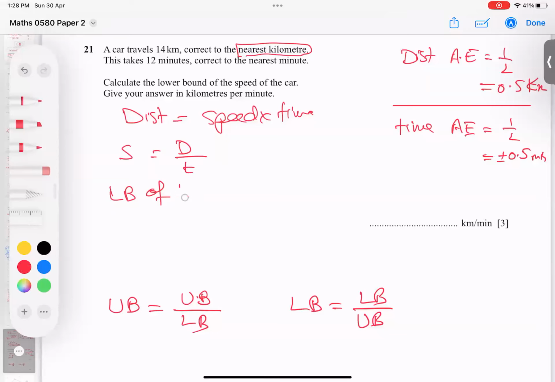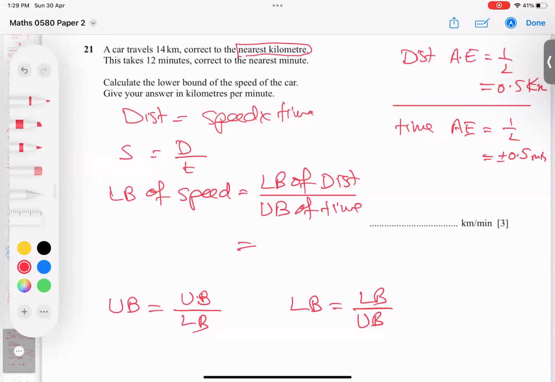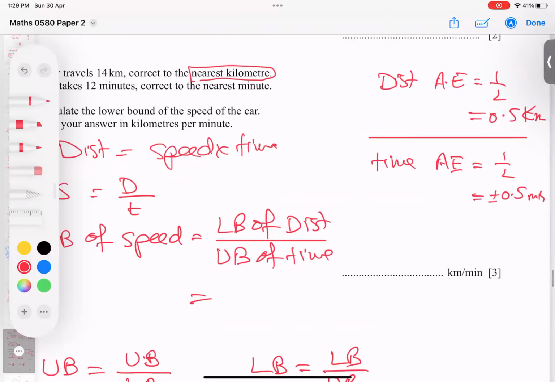So lower bound of speed is naturally the lower bound of distance, the same, and down will be opposite, so upper bound of time. How to get the lower bound of distance? 14 minus 0.5.